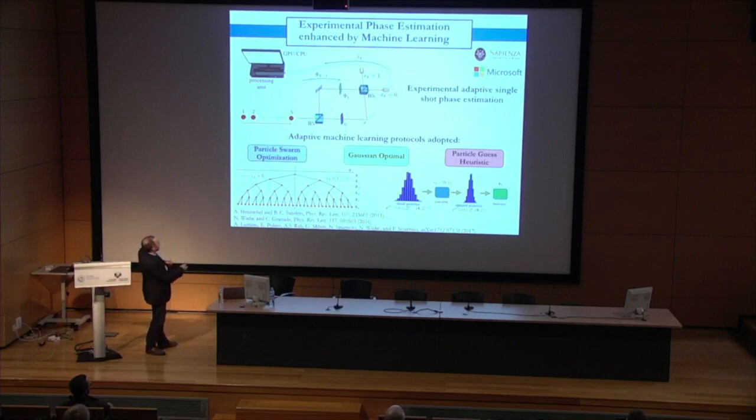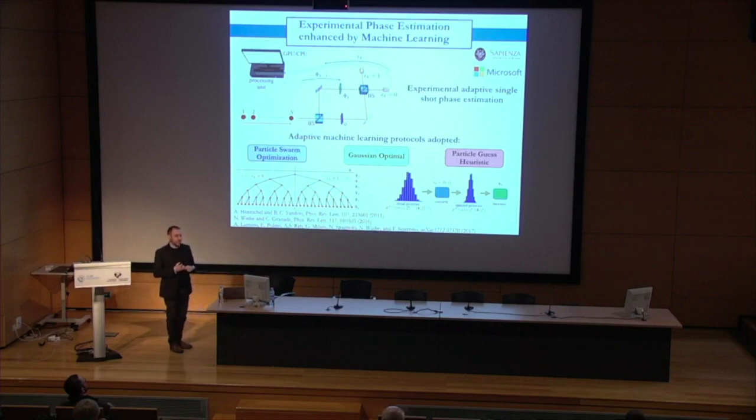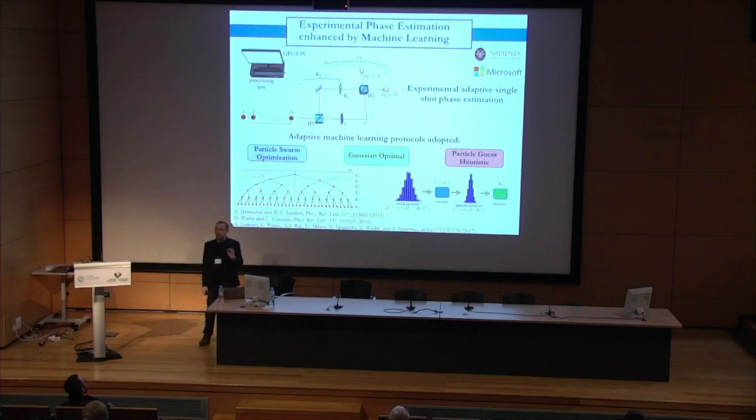I'm now only very briefly quoting another experiment that we carried out, where the goal was to have adaptive single-shot phase estimation. And here, our goal was really to say we want to perform a very small number of experiments.